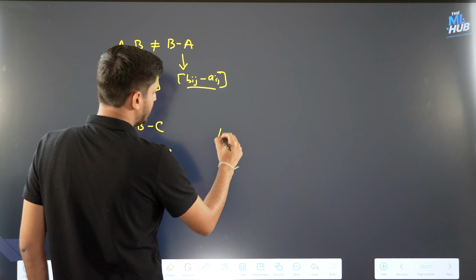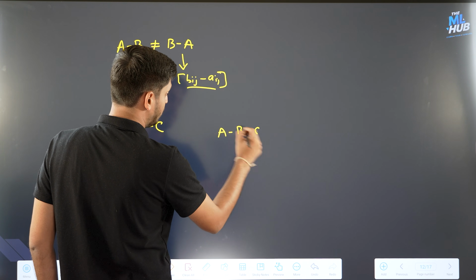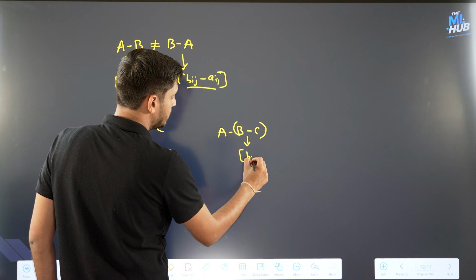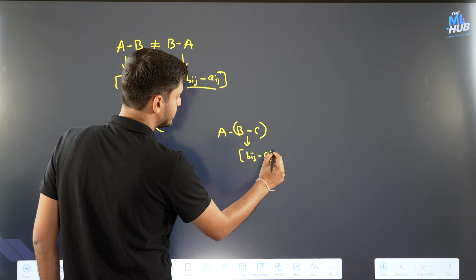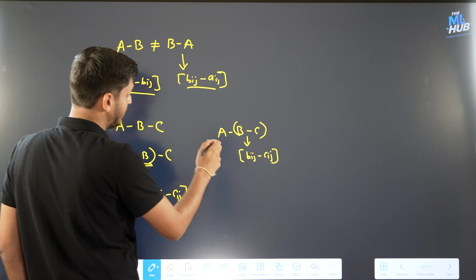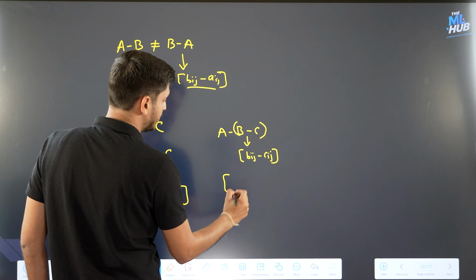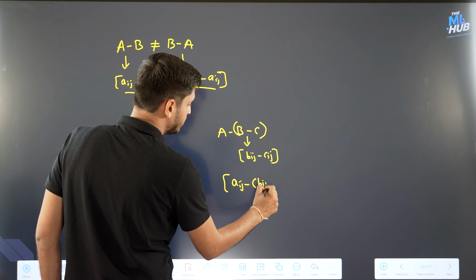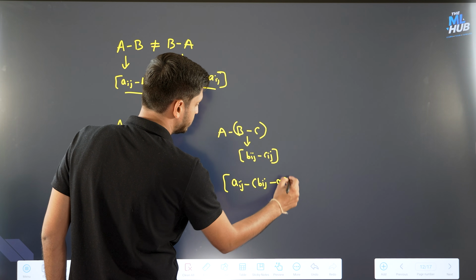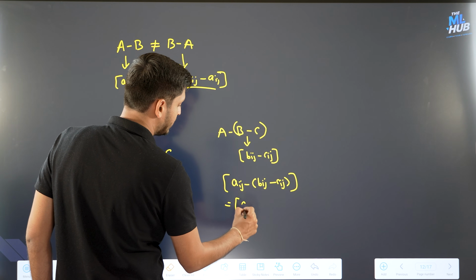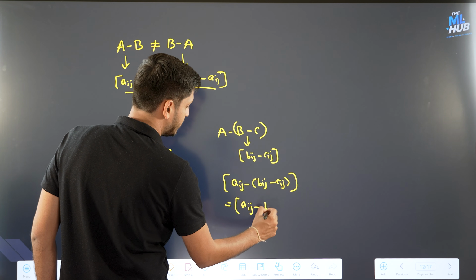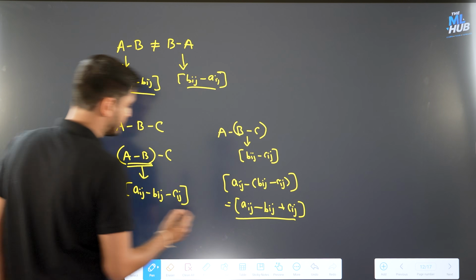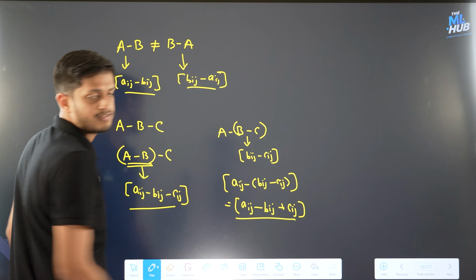And if you are doing B minus C first, then the ijth element of B minus C will be Bij minus Cij, right? And you are subtracting that from Aij. So the ijth element will become Aij minus the entire thing, which is Bij minus Cij, and hence this will become Aij minus Bij plus Cij. So this value is different from this value, right? Here we have minus Cij and here we have plus Cij.